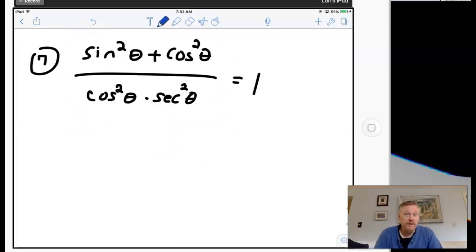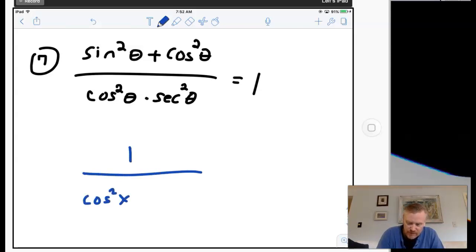Okay, this one. So clearly I'm going to work with the left side. Don't take the right side and try to make it into the left side. It'll be a headache. The left side, this one looks hard, but it really comes together nicely. Remember, sine squared plus cosine squared, that's one of the biggies you really got to know. That's 1. And then in the denominator, I've got cosine squared of x. Secant is 1 over the cosine.